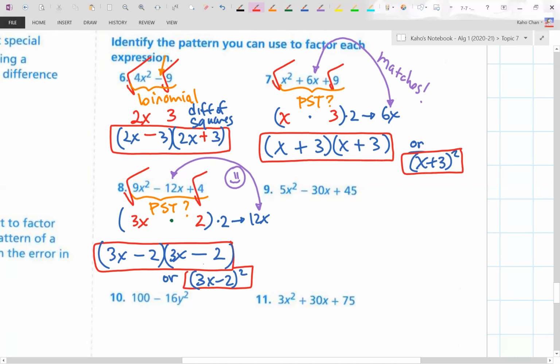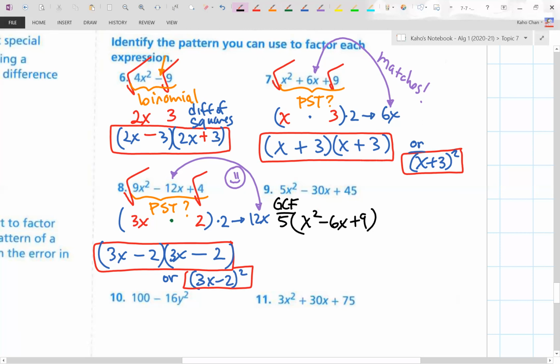Okay. Number 9. I can't square root 5. I can't square root 45. So something's going on here. Oh, I need a GCF first. Interesting. 5, 30, 45. Oh, I could take out a 5. Very good. Which means that leaves me with x squared. Let's see, 30 divided by 5 is 6. 45 divided by 5 is 9.